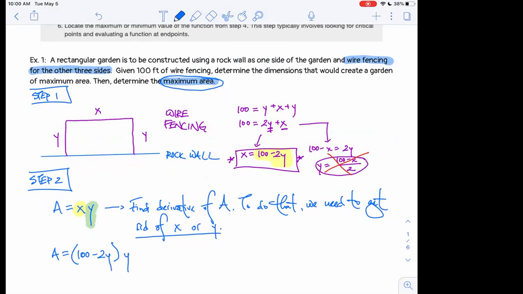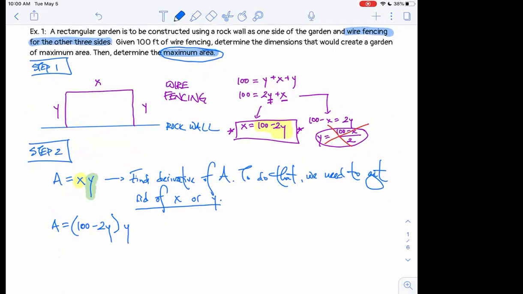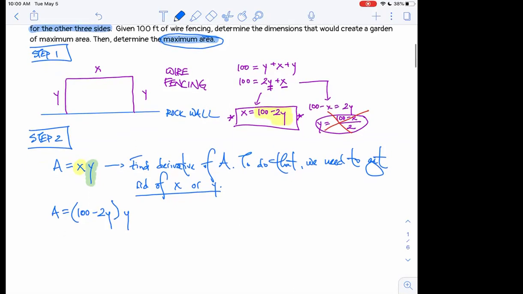Does that substitution make sense to folks? Okay. So that's step 1 and step 2. Step 1 is draw a diagram. Step 2 is write the equation that you want to take the derivative of. And then sometimes you need to go back to step 1 and use that information to help you create a single variable equation.